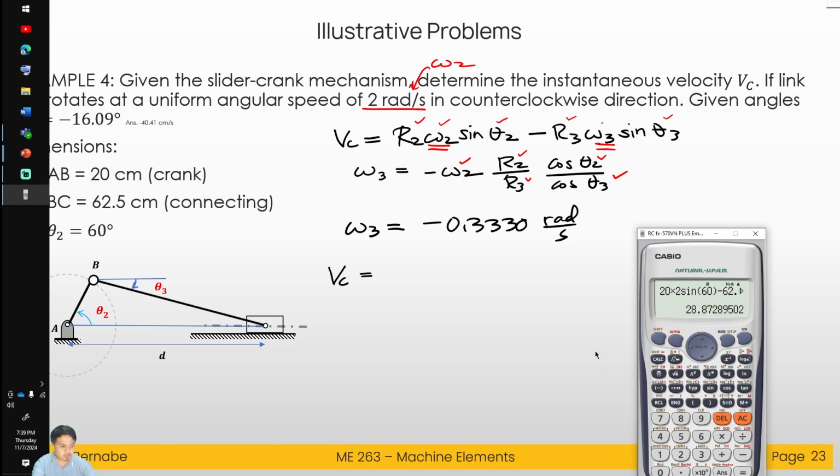So the answer is 28 point, but where did I go wrong?